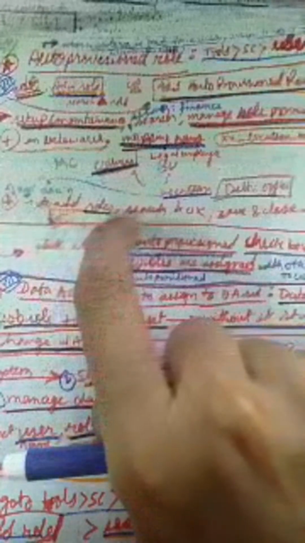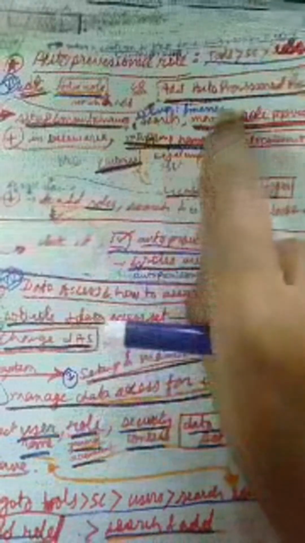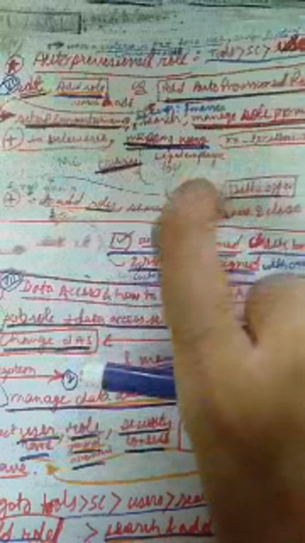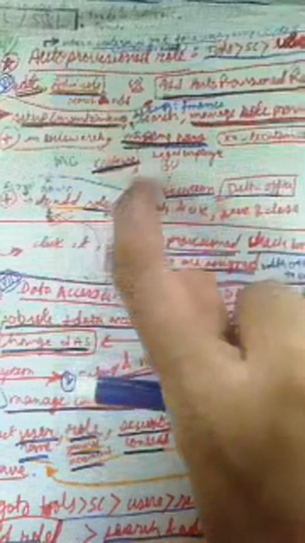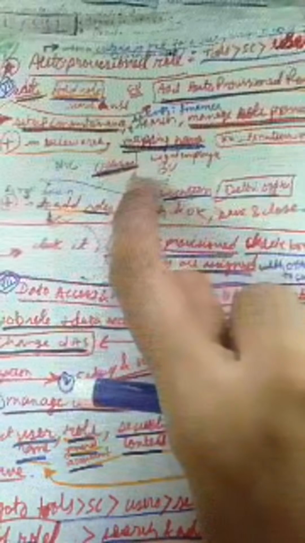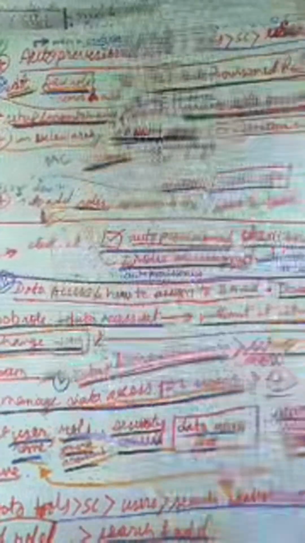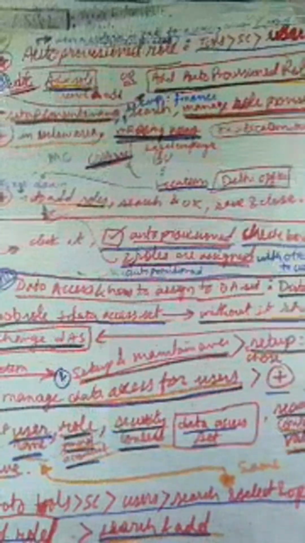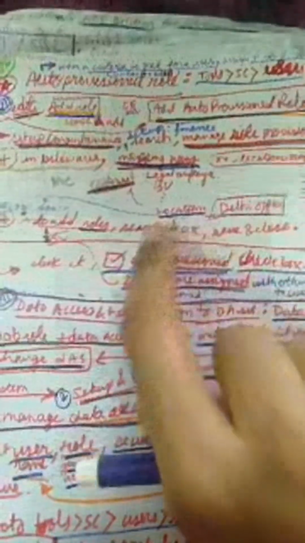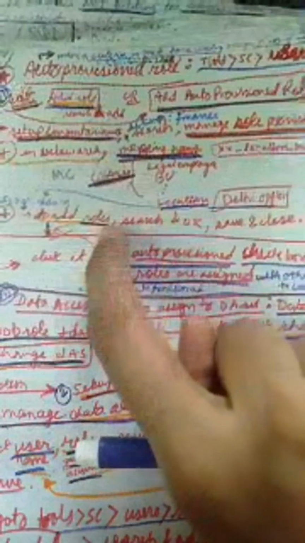The next step, on the same page, is to scroll down and click on plus to add the roles. If a user satisfies this criteria, that the location is Delhi office, then we will automatically add the roles.